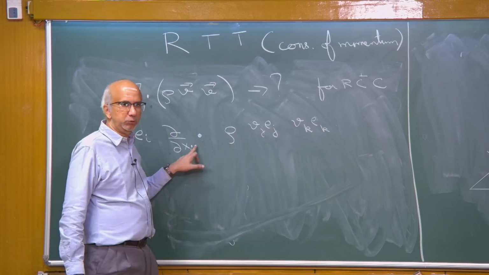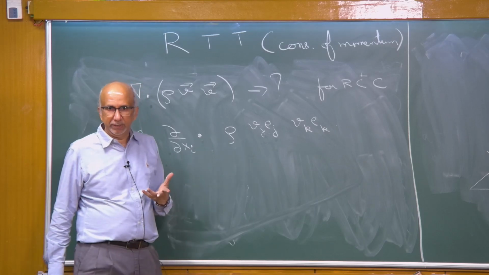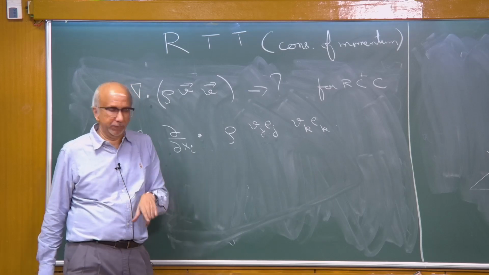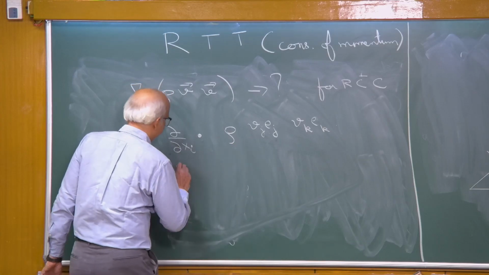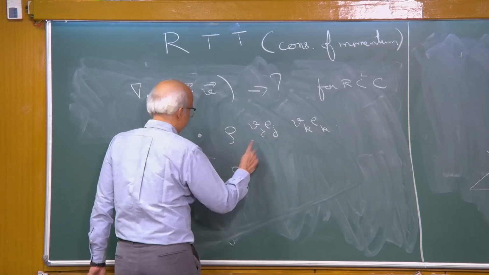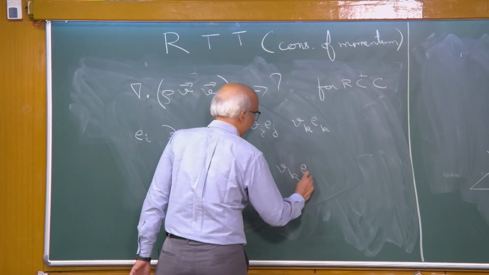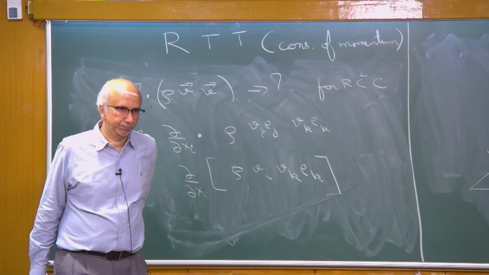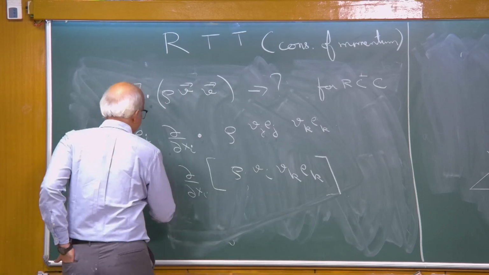Only these 2 you have to dot. When you dot these 2, E_i dot E_j is delta_ij, so I consider only i equal to j. I get d by dx_i of rho V_i V_k E_k. This is equal to this.